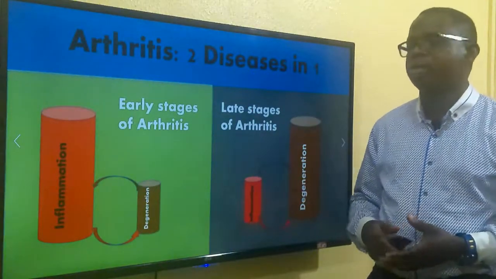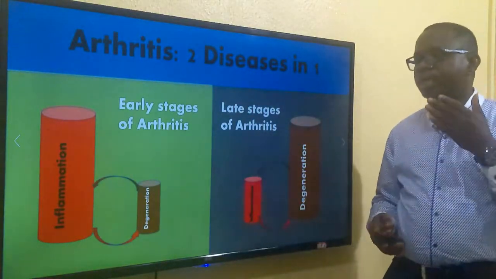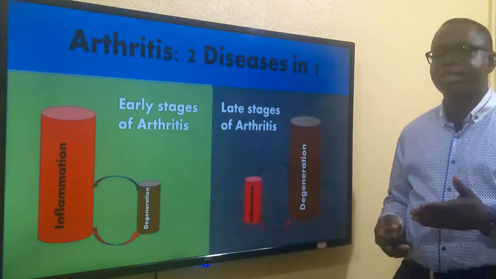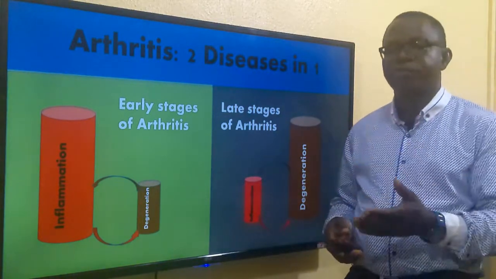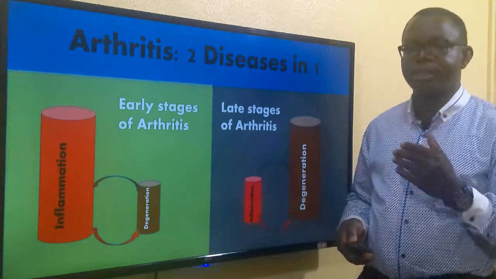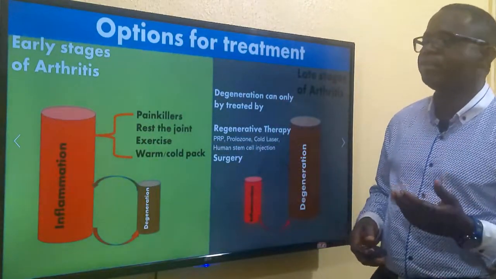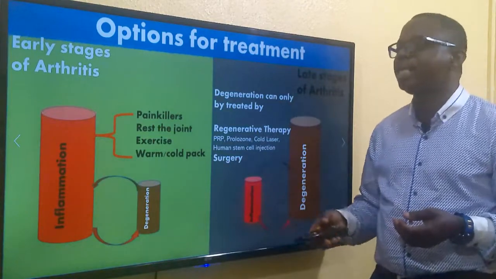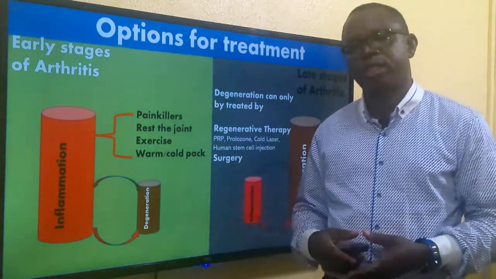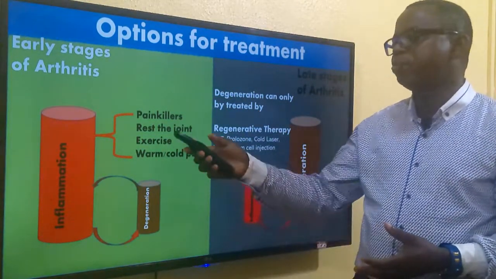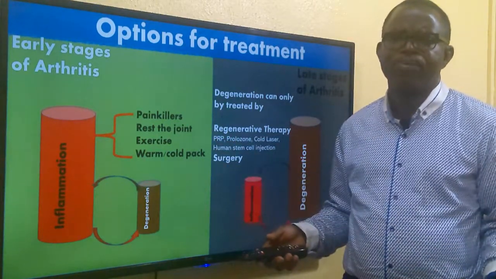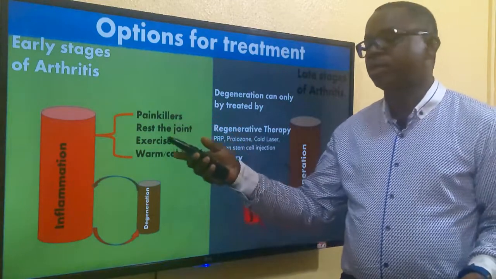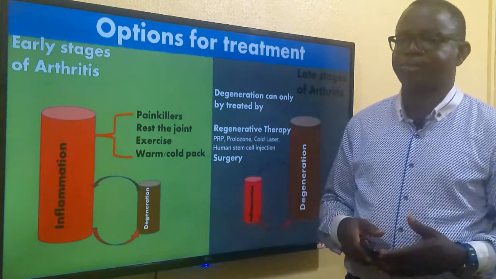Okay, just as I said earlier on, we have known that arthritis is actually two diseases in one, made up of inflammation and degeneration. Now, in terms of treatment, in early arthritis, when inflammation is predominating, you can use painkillers, rest the joint, exercise, warm or cold packs, and you feel better, because these are drugs that can overcome the inflammation.